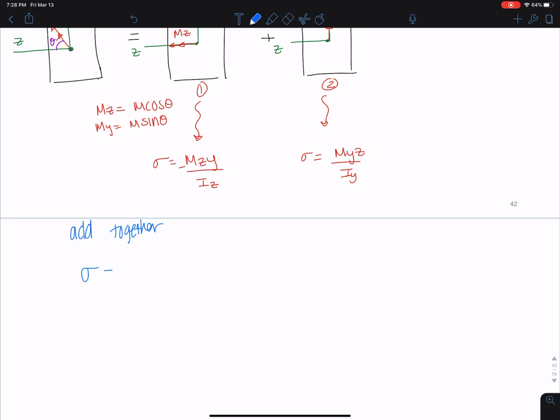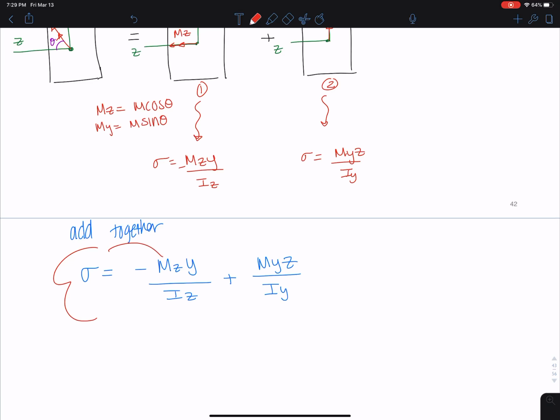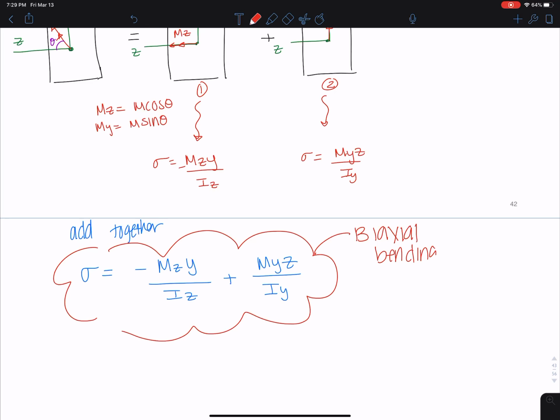And I get sigma equals negative Mz y over Iz, moment of inertia about the z, plus My z over Iy. And this is basically like negative times a negative here, so it becomes a positive, and that's why we're adding here, okay? And this is the biaxial bending formula.